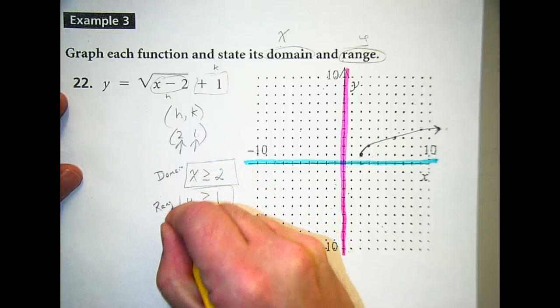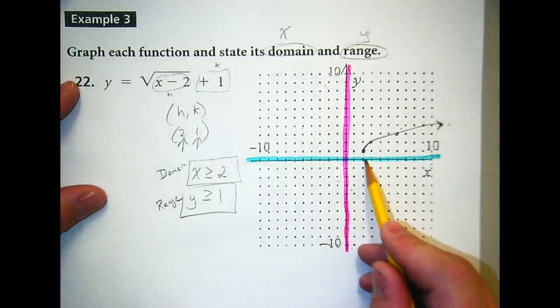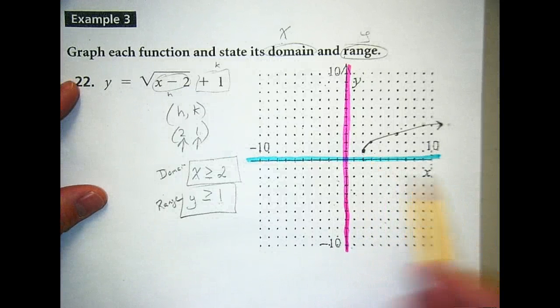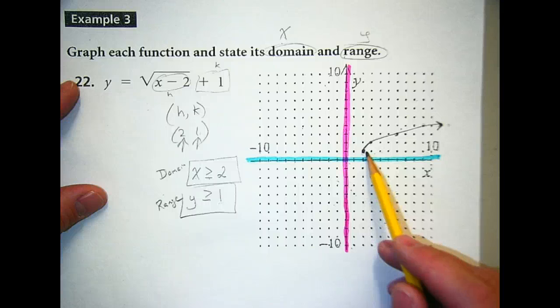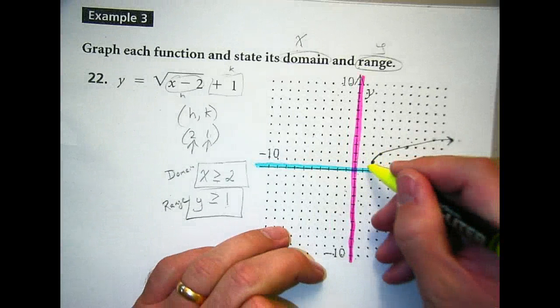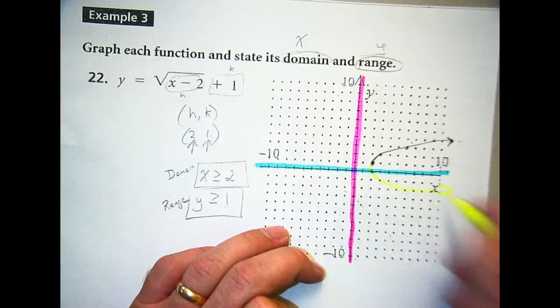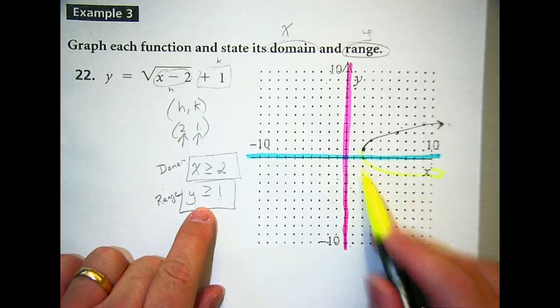It's not because you're graphing the positive. If I was to graph the bottom part of this, it'd be less than. Which one of these wouldn't change? X, right? I mean, x would be the same. If I was graphing this bottom chunk, x still stays greater than, but y then changes to less than.